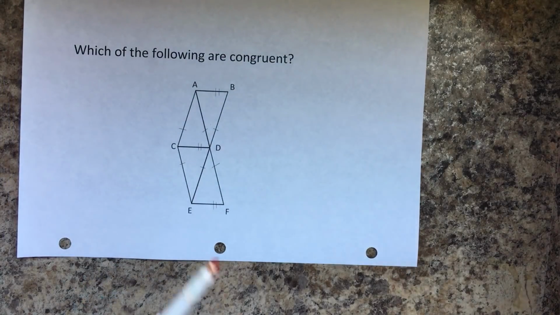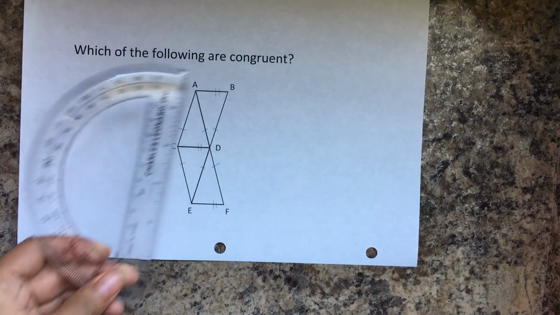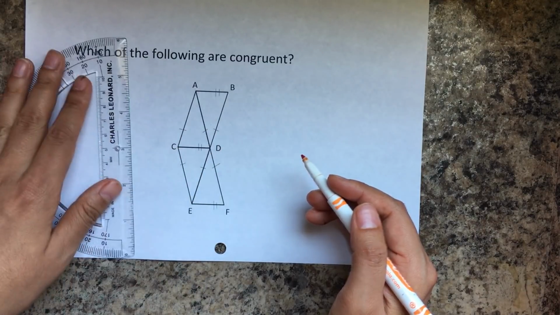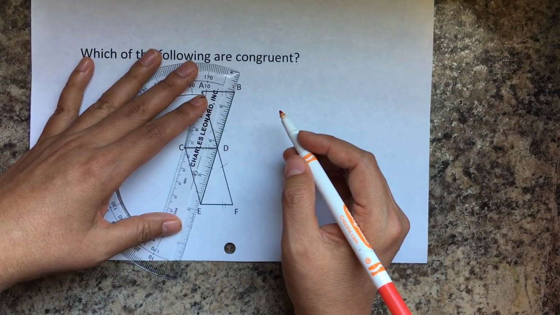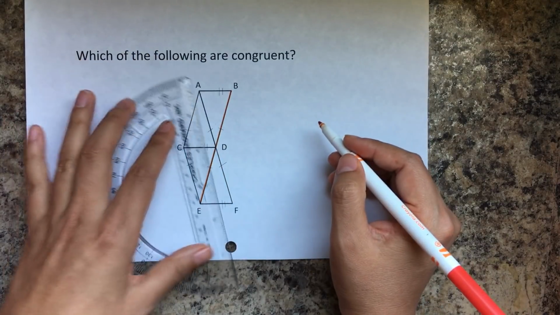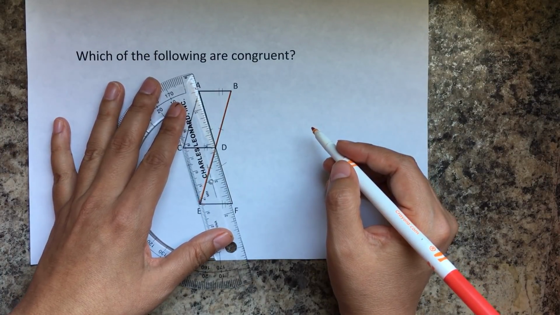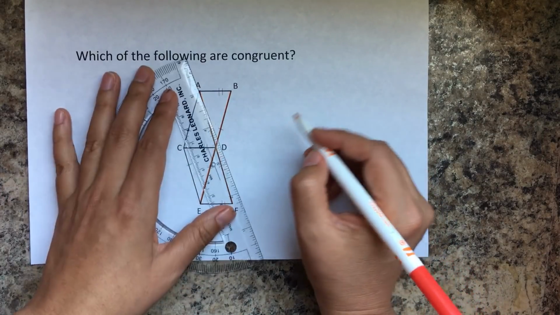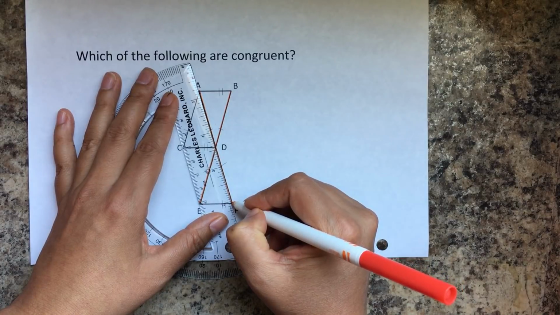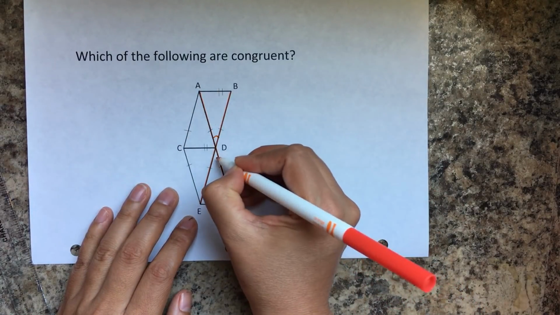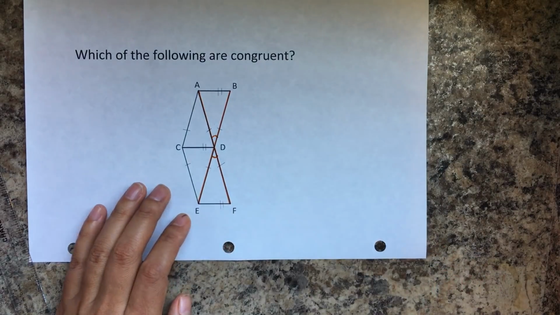Okay, remember I told you we were coming back to this figure, and the reason is basically because even though they don't tell us more information than all the sides being congruent, if you see here, these two lines intersect so that they form two vertical angles. So those are congruent.